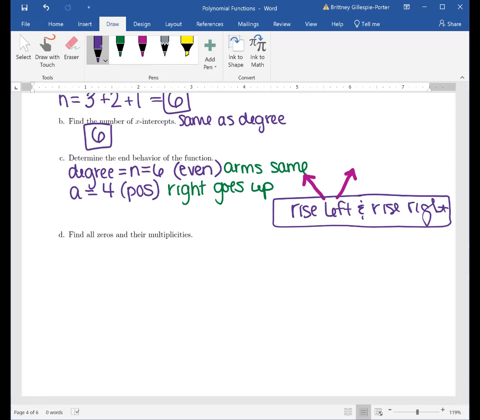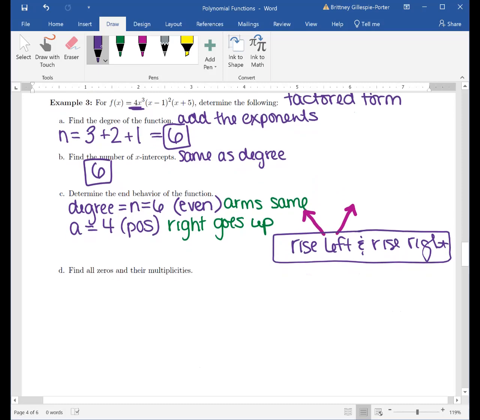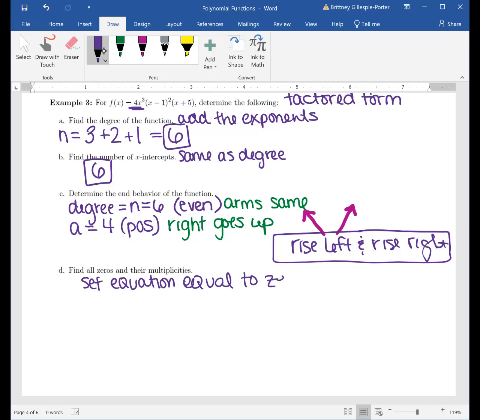Next, we need to find all zeros and their multiplicities. Remember, zero is the same thing as an x-intercept, as a root, as a solution. To find an x-intercept, we set our equation equal to 0. And then we solve. So here we would take 4x cubed times x minus 1 squared times x plus 5, set it equal to 0.